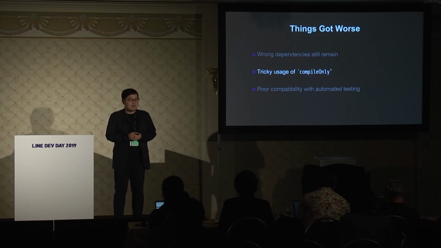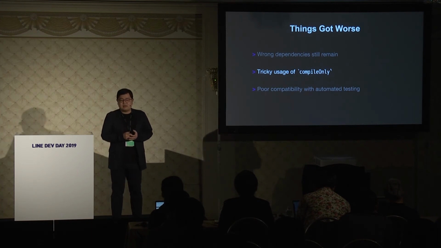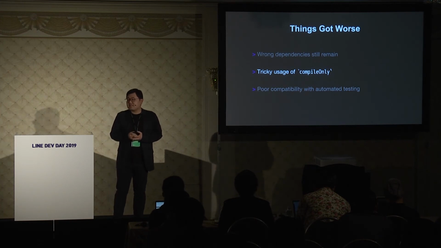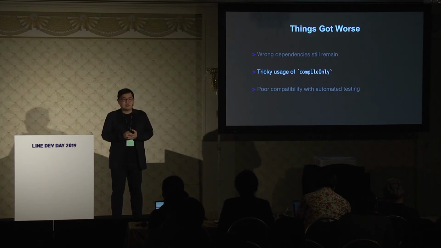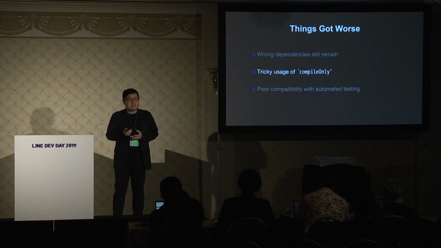And also we have a very tricky implementation using compileOnly. On the IDE, the class is visible even though you use compileOnly. So when you look at the feature flag class, a value different from the expectation is visible.